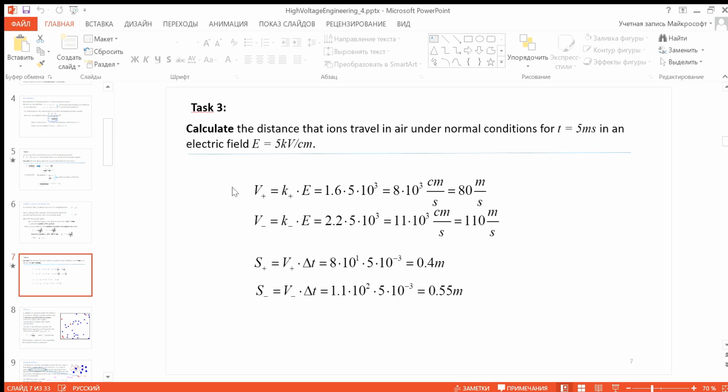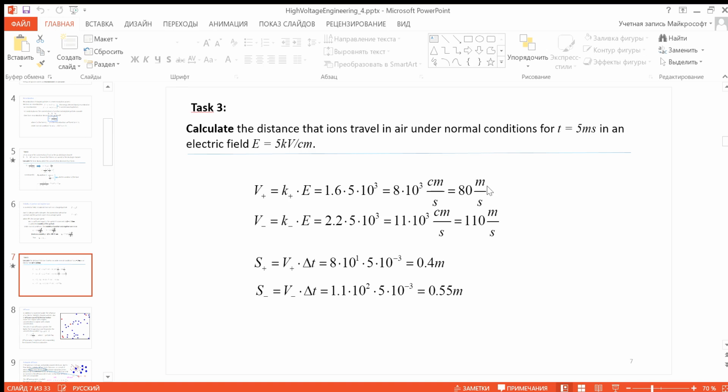We substitute numbers into the formula, which I hope you remember, and get these numbers. So, ions move at speeds of several tenths of a meter per second, or that is the same, several hundreds of kilometers per hour. And negative ions are 1.5 times faster than positive ones.